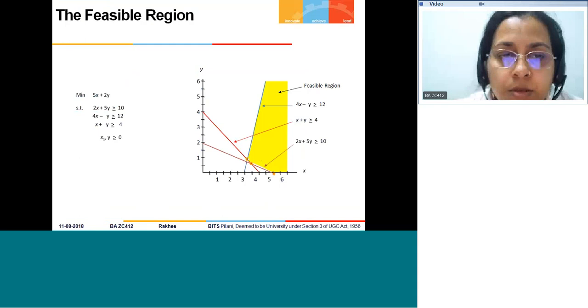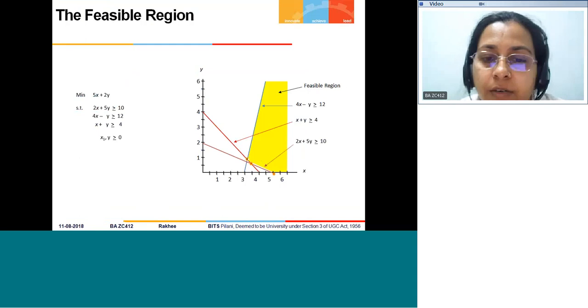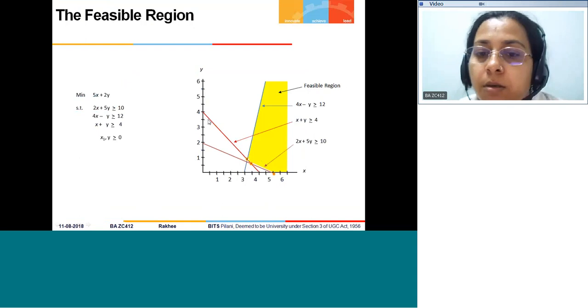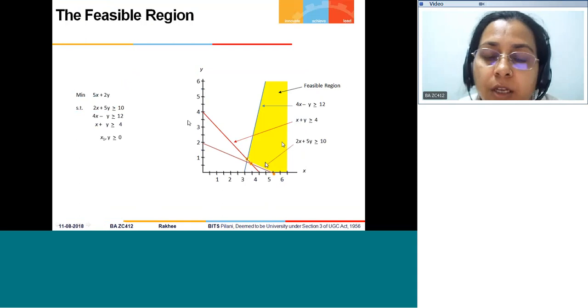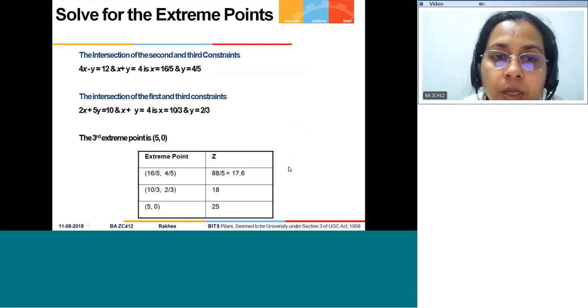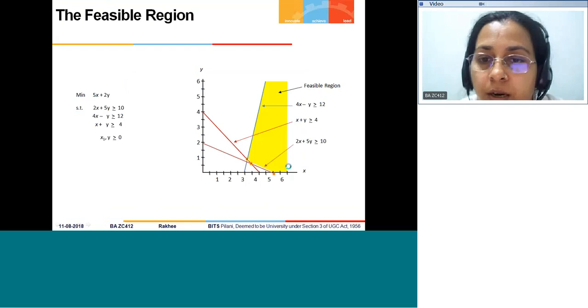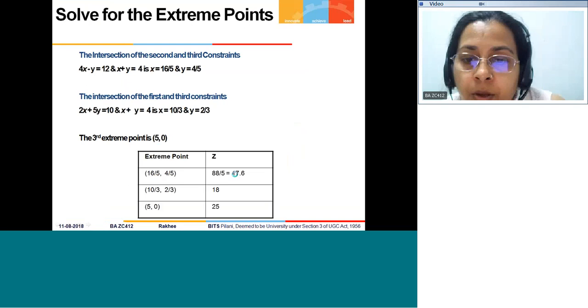Just revising how we solve it, we put the lines and then see which area should be shaded, as it is greater than or equal to or less than or equal to constraints, depending on that. And then you get this yellow region as my feasible region. And you see that in this feasible region, we have this minimum point as well.